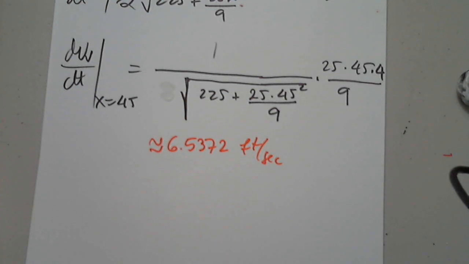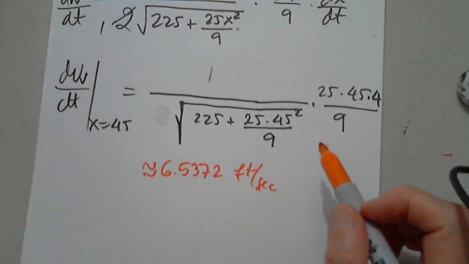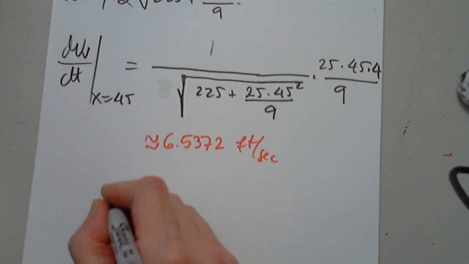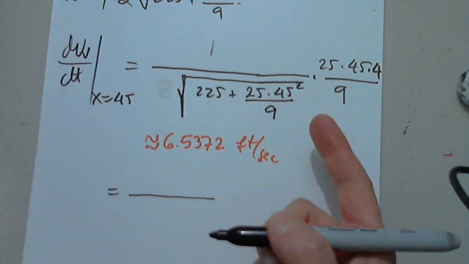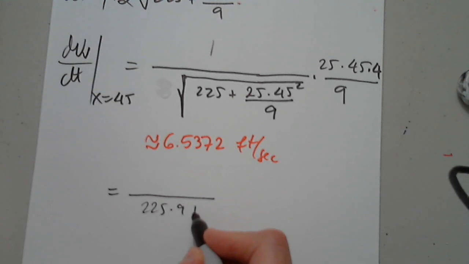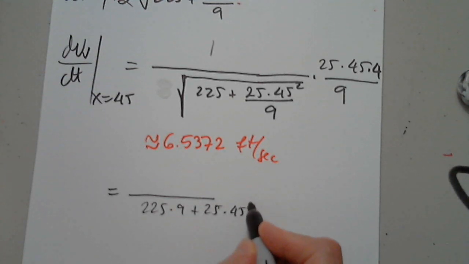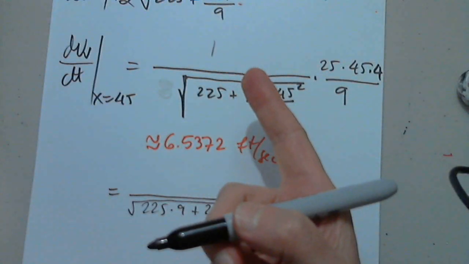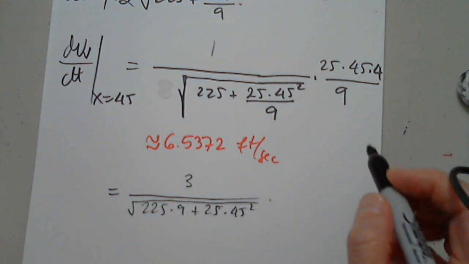So it means that we can simplify this as much as possible and keep it as a fraction form. I don't know. So I'm going to try. So this is 225 times 9 plus 25 times 45 squared. And this is over 3 because it's square root, so it's 3 at the top.